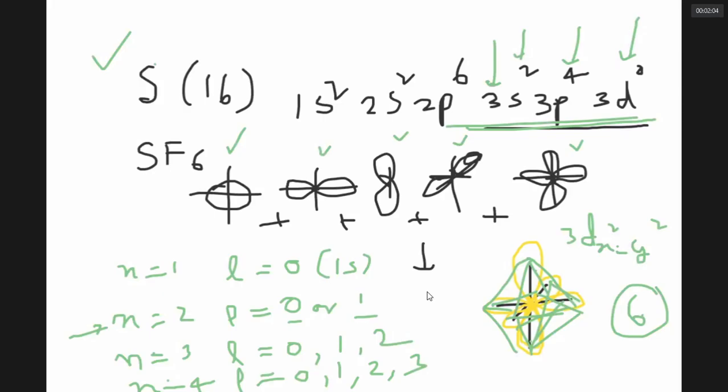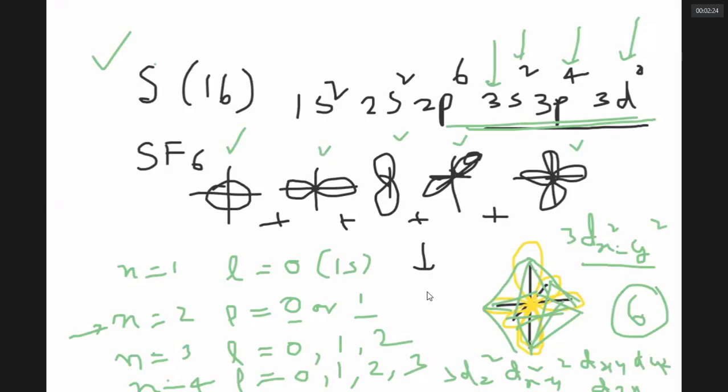Perfect. I have taken only 3dx square minus y square out of 5 possible d orbitals: 3dz square, 3dx square minus y square, 3dxy, 3dyz, 3dzx. Of these I have chosen only this. Why?